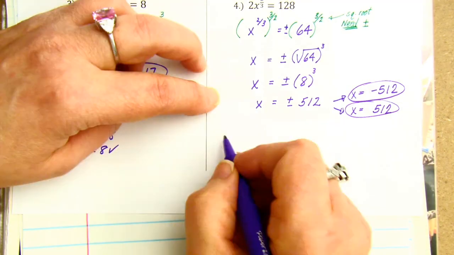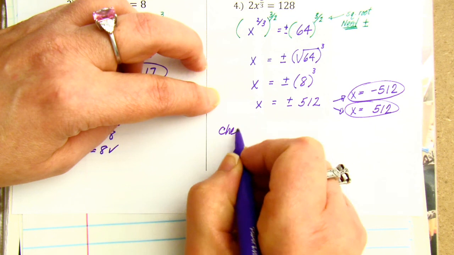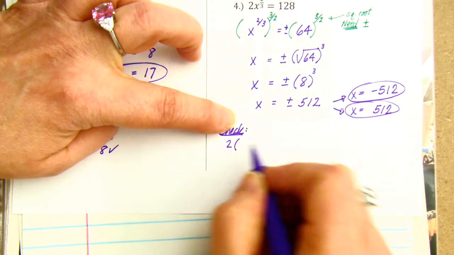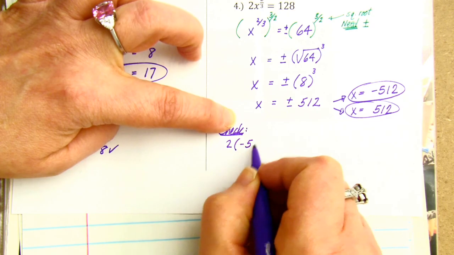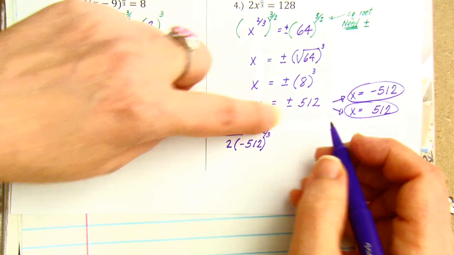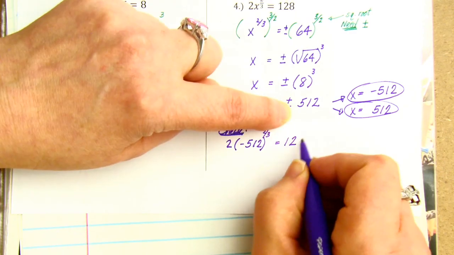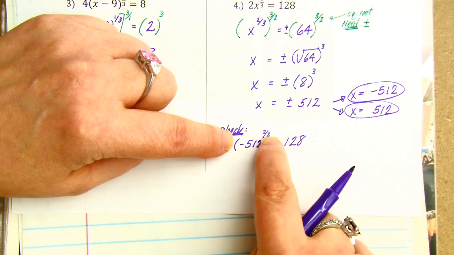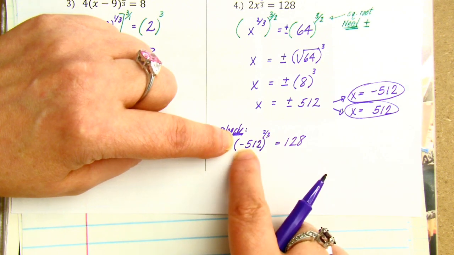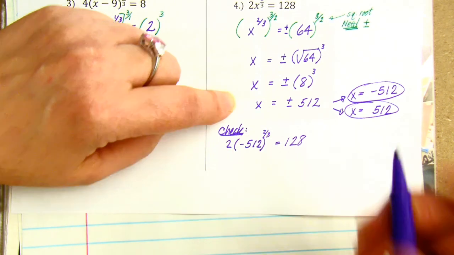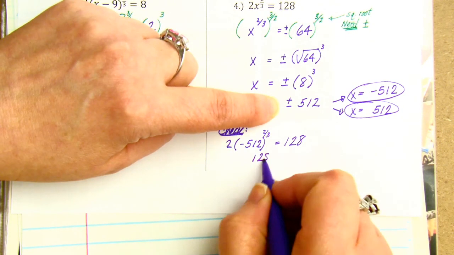All right, first check. 2 times negative 512 to the 2/3 power equals 128. I can take the cube root of a negative. The cube root of negative 512 is negative 8, and negative 8 squared is 64. 2 times 64 is 128.